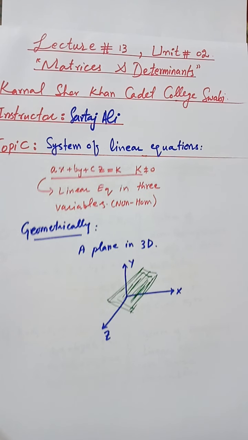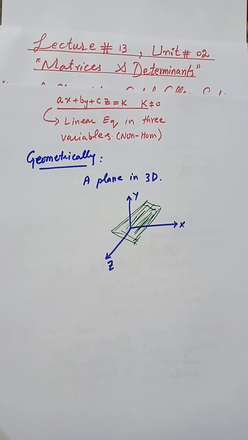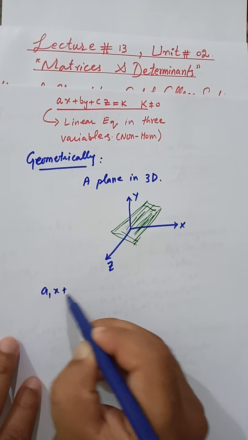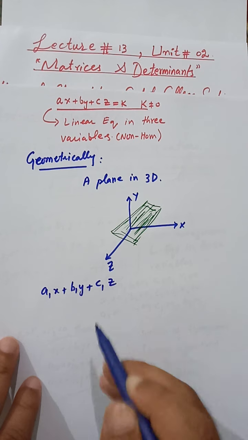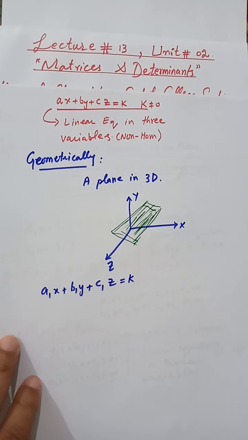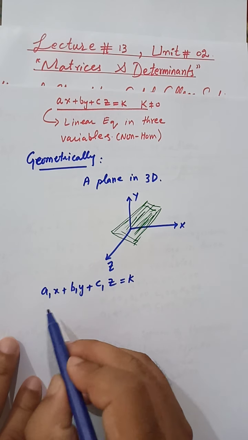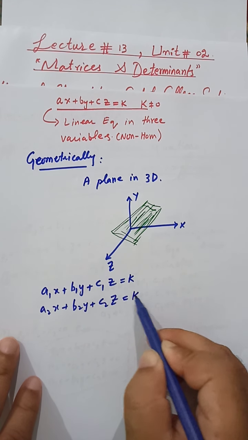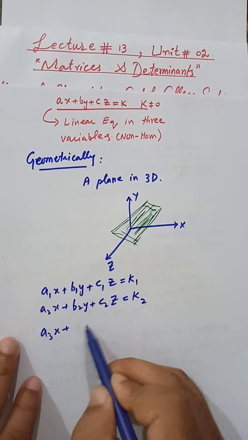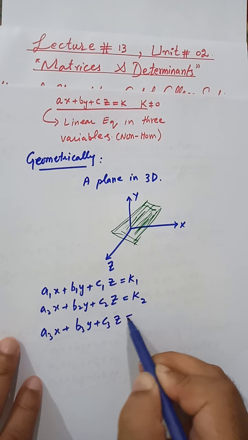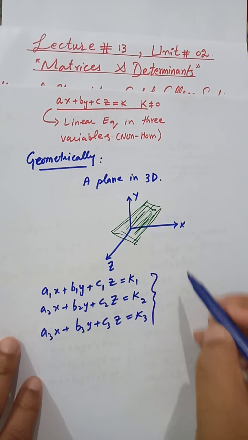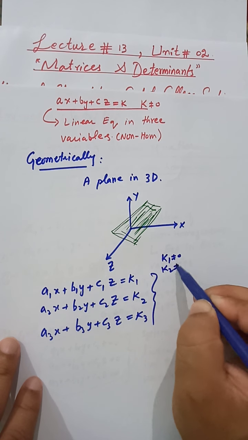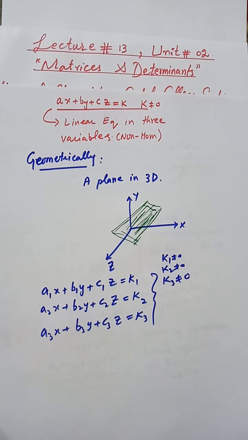Okay, if I now consider three linear equations together, for example, let's say a1x plus b1y plus c1z equals k1, a2x plus b2y plus c2z equals k2, and a3x plus b3y plus c3z equals k3, where k1, k2 and k3 are not equal to 0, along with the coefficients of the variables in all equations also being non-zero.